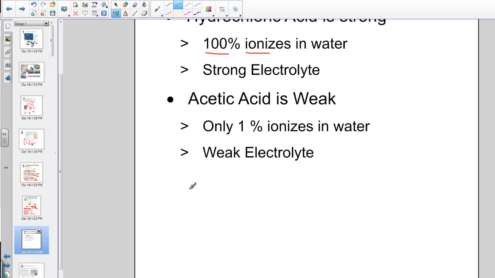So let's kind of compare a weak acid to a strong acid. Now the strong acid we're looking at is called HCl, hydrochloric acid. When hydrochloric acid dissolves in water, 100% of it pushes to the right to form our hydronium ion and our chloride ion.